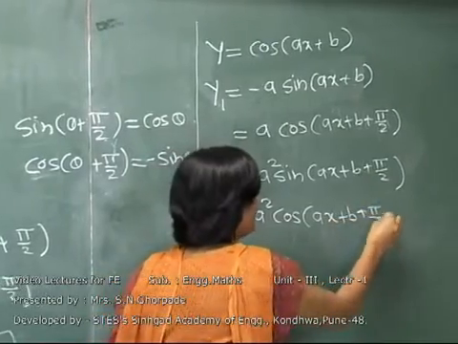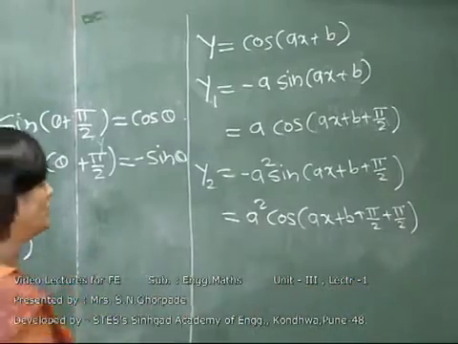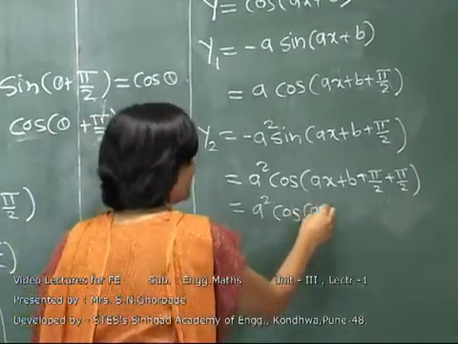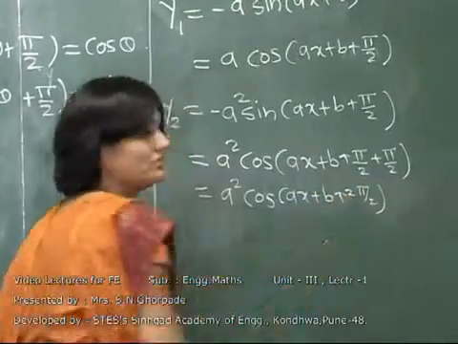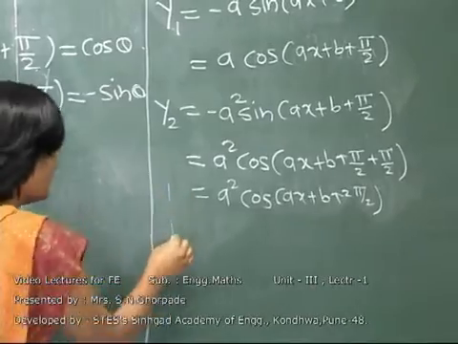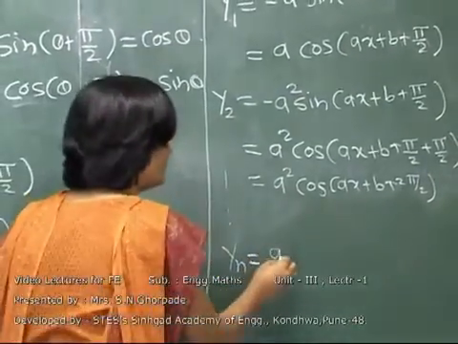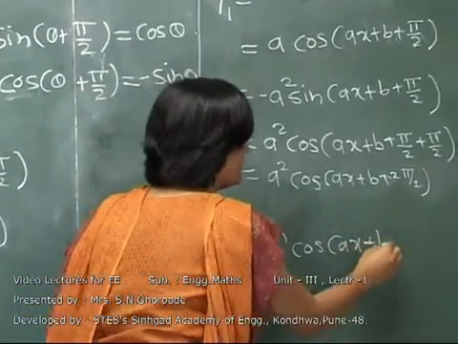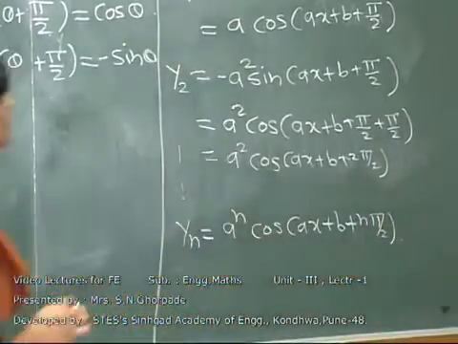And hence we have y2 is equal to a square cos of ax plus b plus 2 pi by 2. Therefore, we can write yn as a raised to n cos of ax plus b plus n pi by 2.